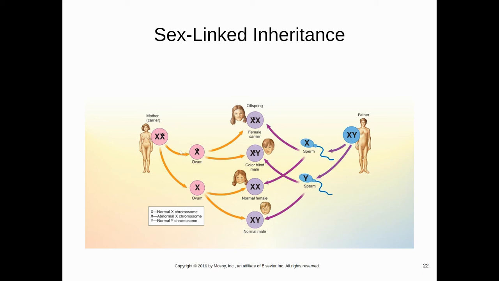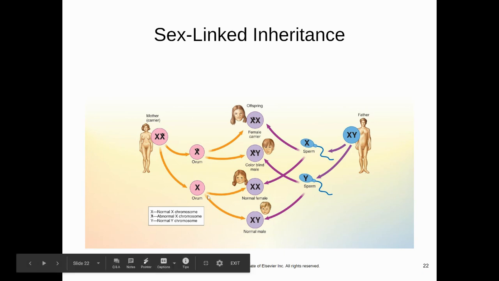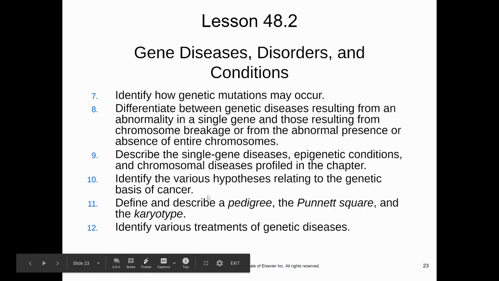This means that this X has the extra abnormal X chromosome, and if this X goes with this X from the father, she's going to have another offspring that's a carrier. But if this X goes with a Y chromosome, then the male is going to be colorblind. And obviously, if we have regulars, we're going to have a normal male and a normal female.